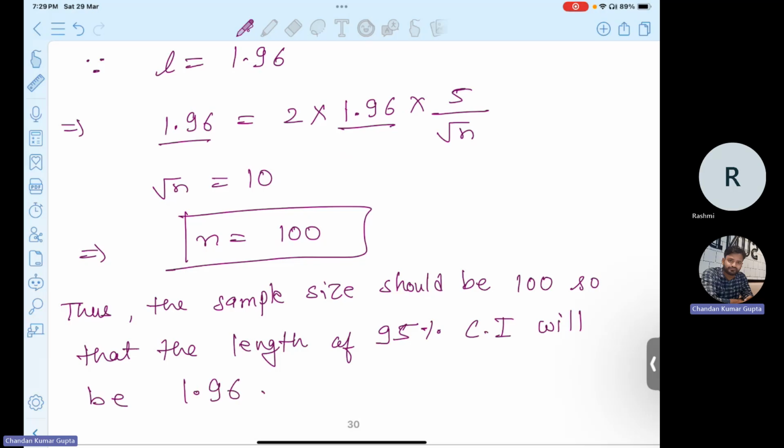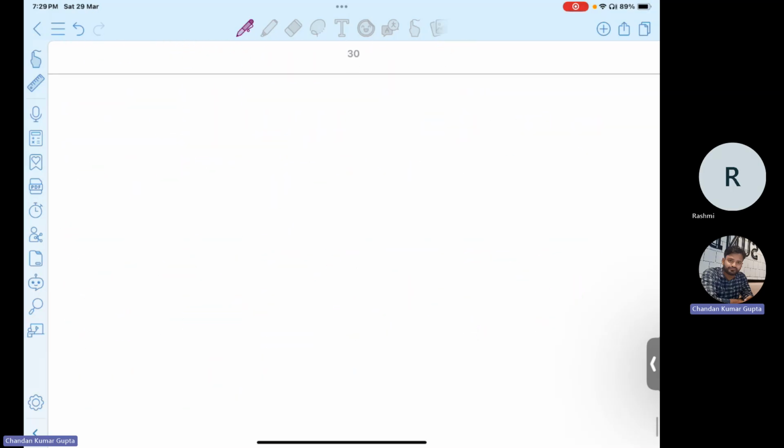The length will be 1.96, and the Z value at the 95% confidence level, or 5% level of significance, is also 1.96. So both are coincidentally the same. This is how we calculate it.